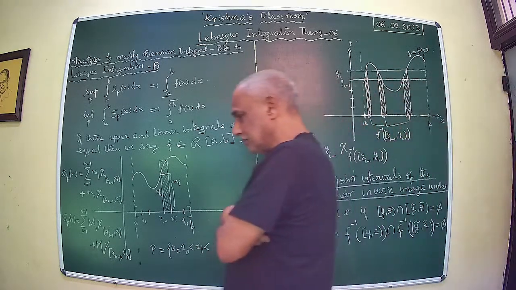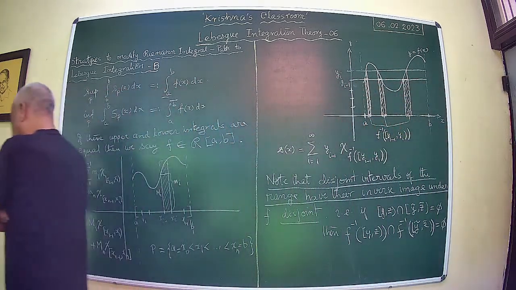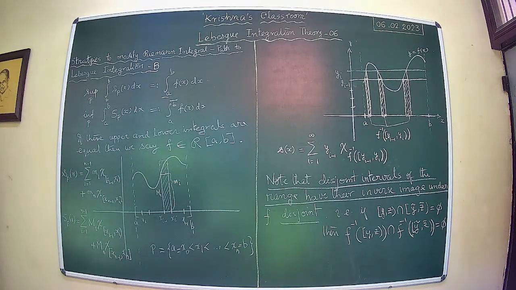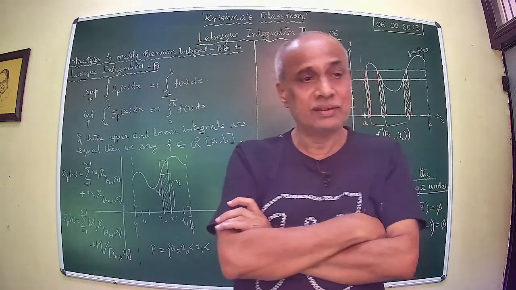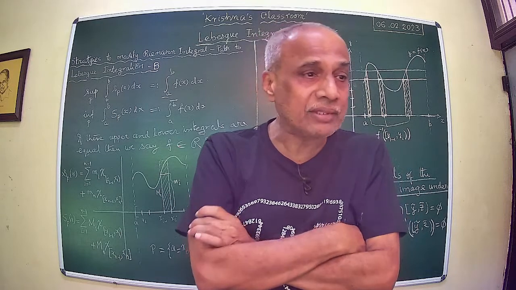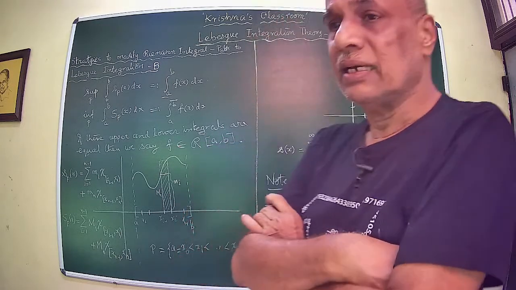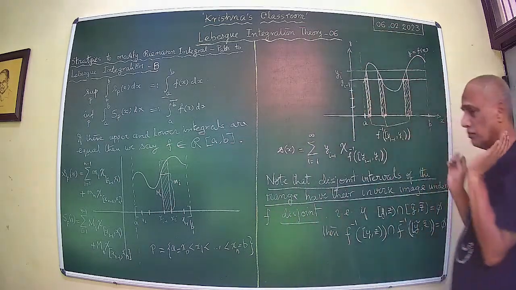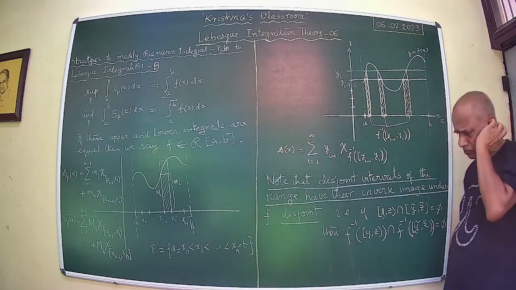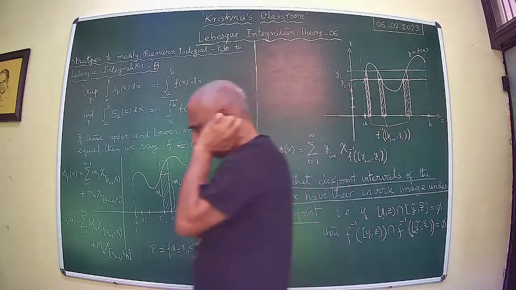Now you see, why not the upper approximation? The difficulty is that we are likely to have the function taking the value plus infinity on some subset, which we are not going to rule out.